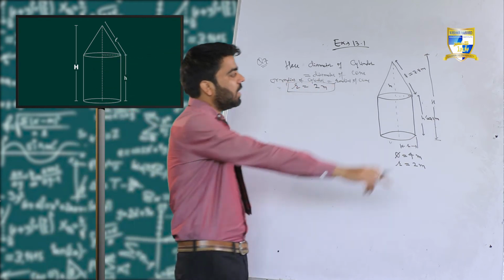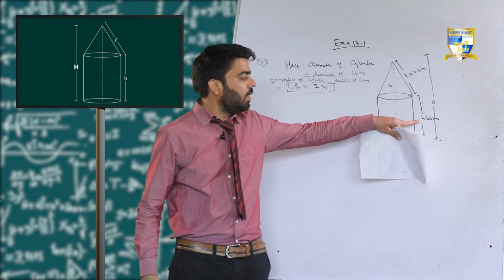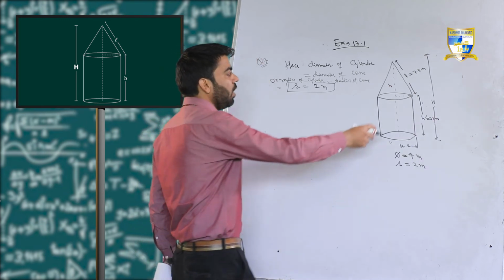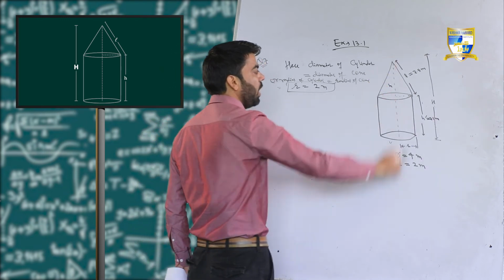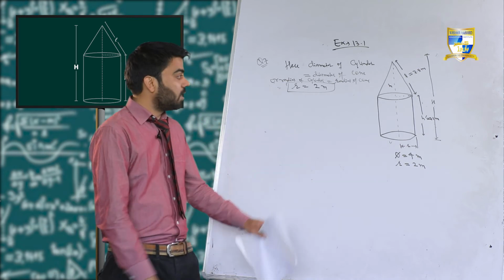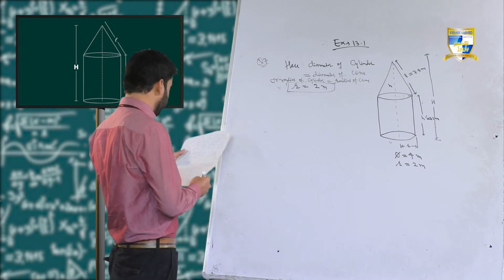Now the second part. The question says L is equal to 2.8 meter and it's given h dash is equal to 2.1 meter. So first of all, what will we calculate? Will we calculate this small h? Are we supposed to calculate that? No, because we have to find the curved surface area of both. We will write down now.